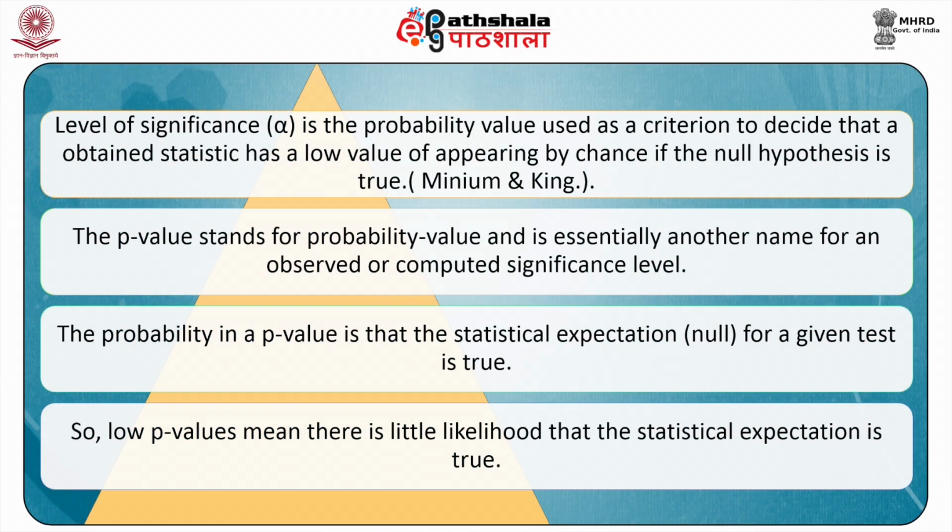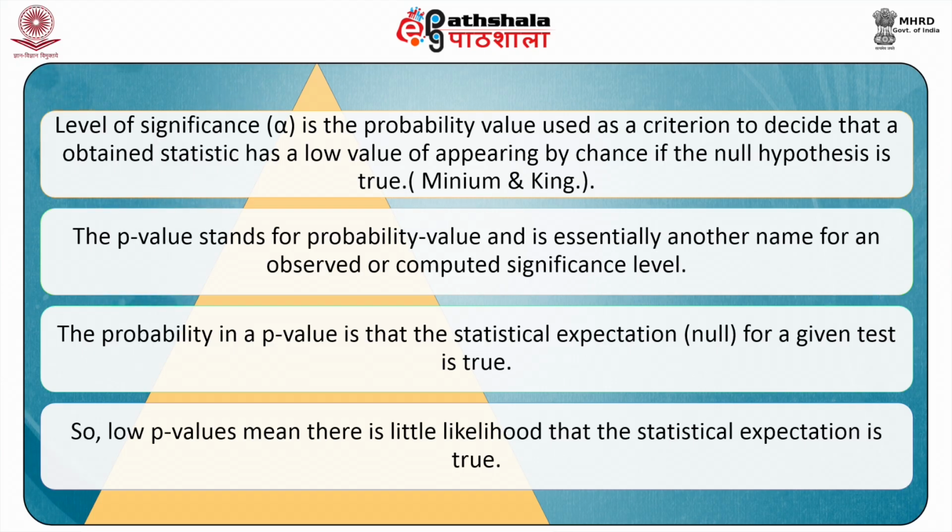Level of significance alpha is the probability value used as a criterion to decide that an obtained statistic has a low value of appearing by chance if the null hypothesis is true.